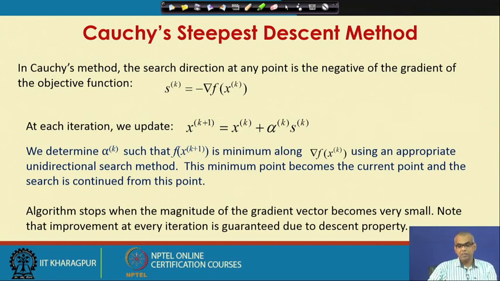Now, how to determine the step size alpha? We determine alpha such that f of x k plus 1 is minimum along gradient direction using an appropriate unidirectional search method. This minimum point becomes the current point and the search is continued from this point.